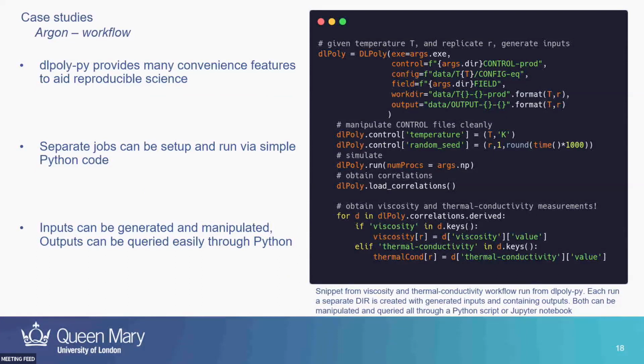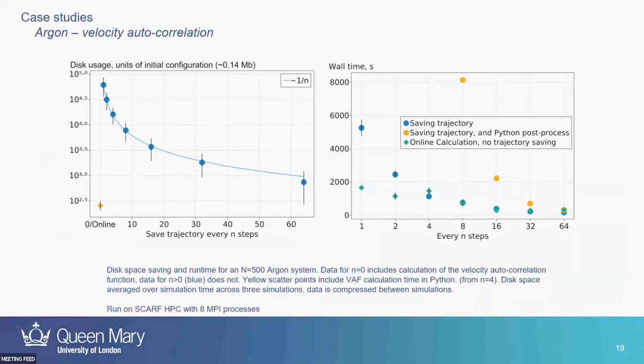But this example of the stress autocorrelation function and the heat flux is not very intensive in terms of data storage, because stress is just a small amount of data you take every time step. We're not saving the configuration there, we don't need it. A more interesting example to compare for our code is the velocity autocorrelation function, where you will need atom velocities to be able to work this out.